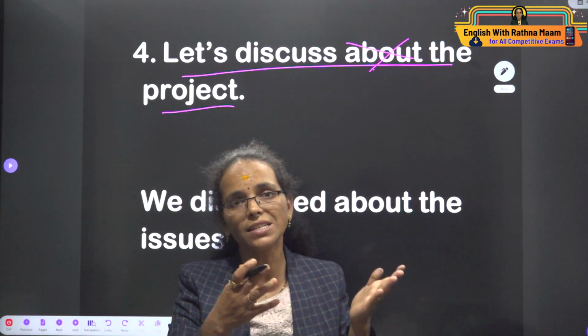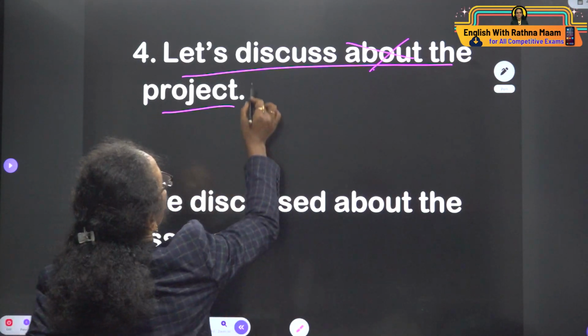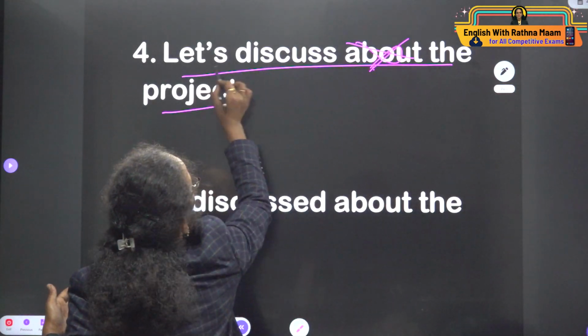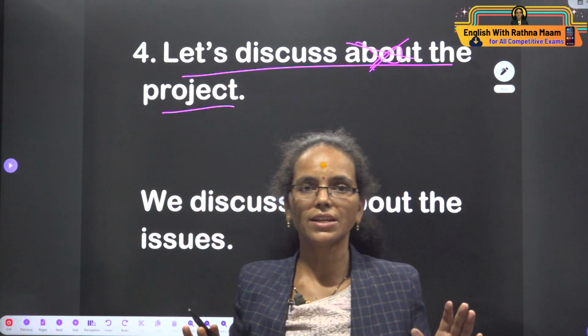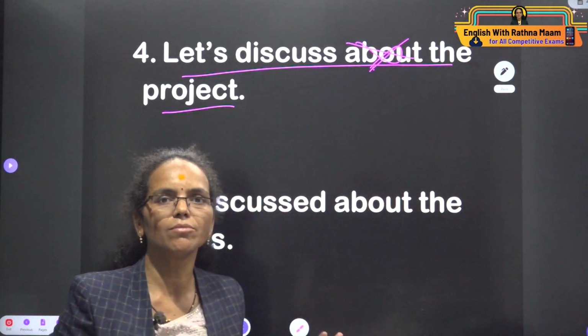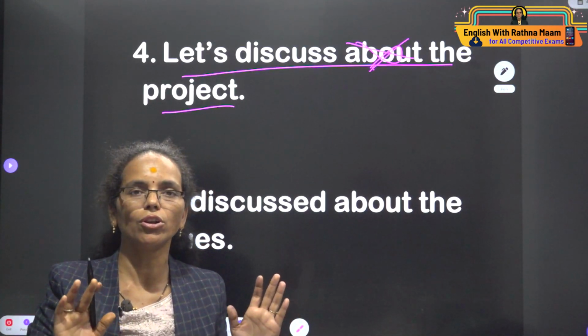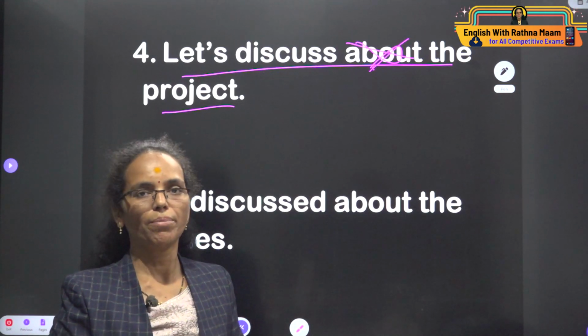So discuss can never be followed by about. So let's discuss the project. Let's discuss about the project is the incorrect one. Let's discuss the project is the correct option. Always remember, discuss should not be followed by any preposition.